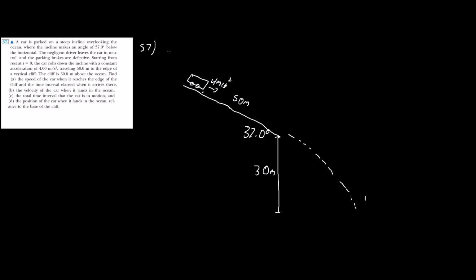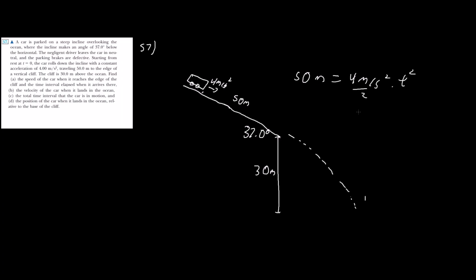For part A, the speed of the car when it reaches the edge of the cliff. If that's the acceleration and that's 50 meters, let's find the time it takes to reach 50 meters. So 50 meters equals, starting from rest, 4 meters per second squared divided by 2 times t squared.